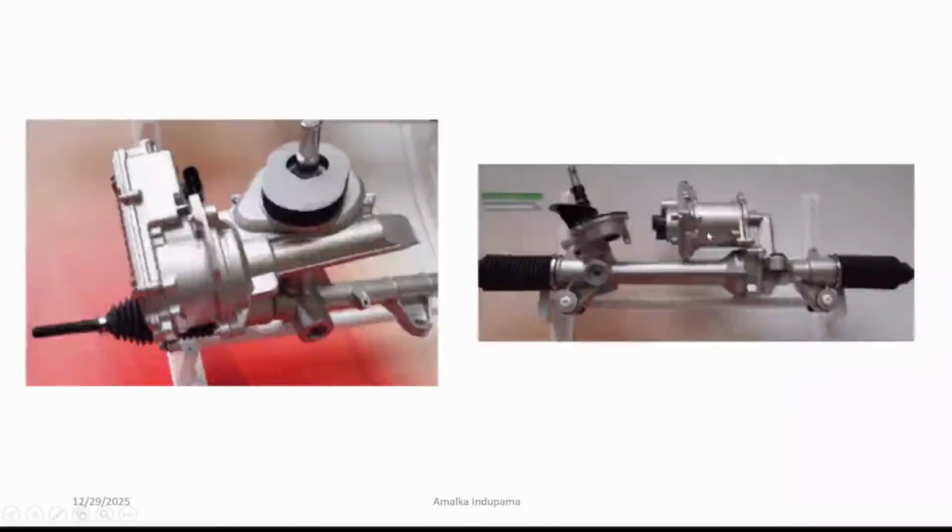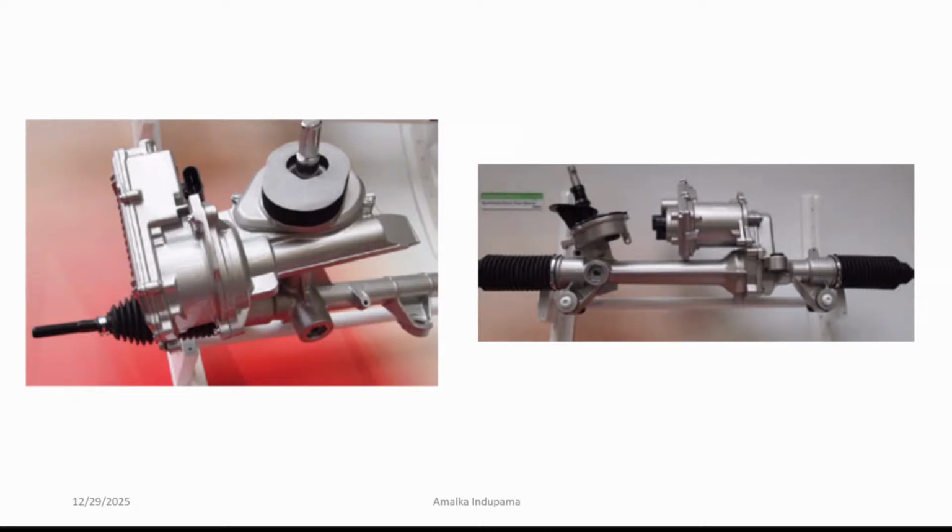What we have is a DC motor with a gearbox. Probably it will be a worm wheel gearbox, which provides higher torque output at the gearbox end. I need to mention one additional thing.